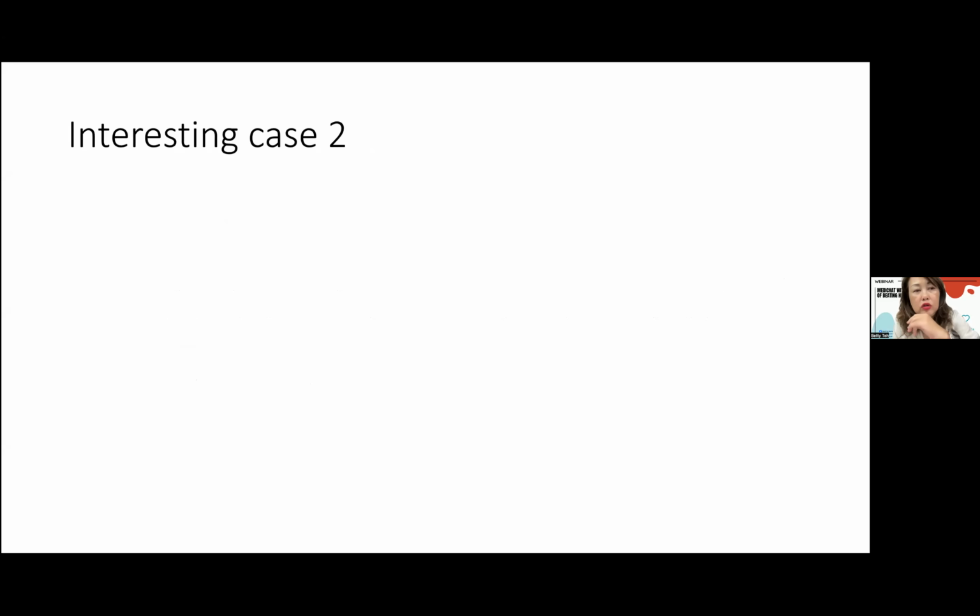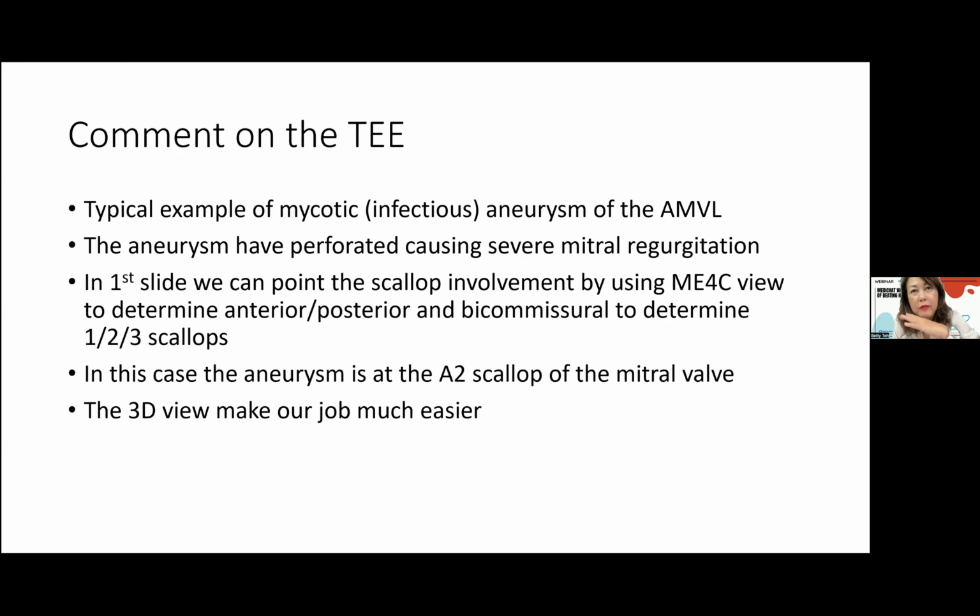Okay, I want to ask you, when your patient has mycotic embolism, causing let's say an abscess elsewhere, and of course the treatment of choice is still the mitral valve replacement, and this patient obviously needs the mitral valve replacement because of the severe mitral regurgitation.